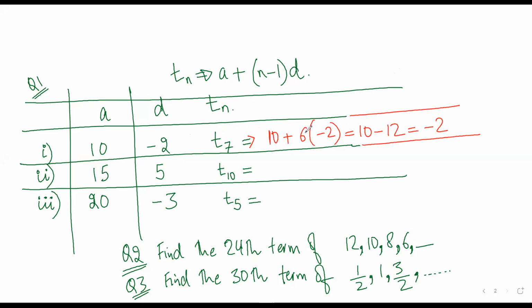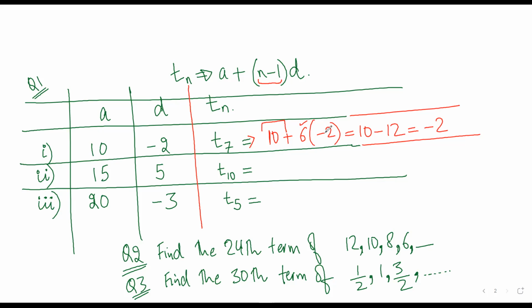So first I took T7, which is equal to 10 plus bracket 6 into -2. N minus 1 is 6.